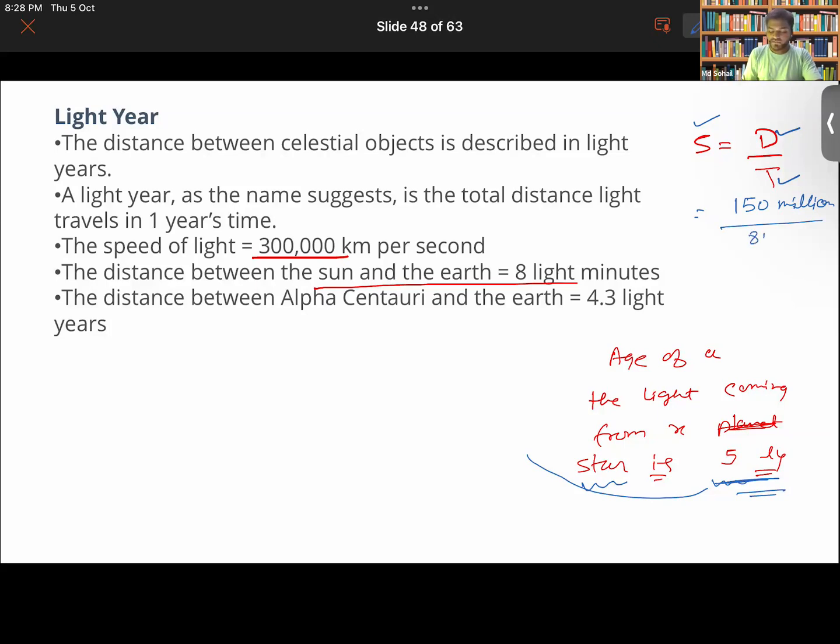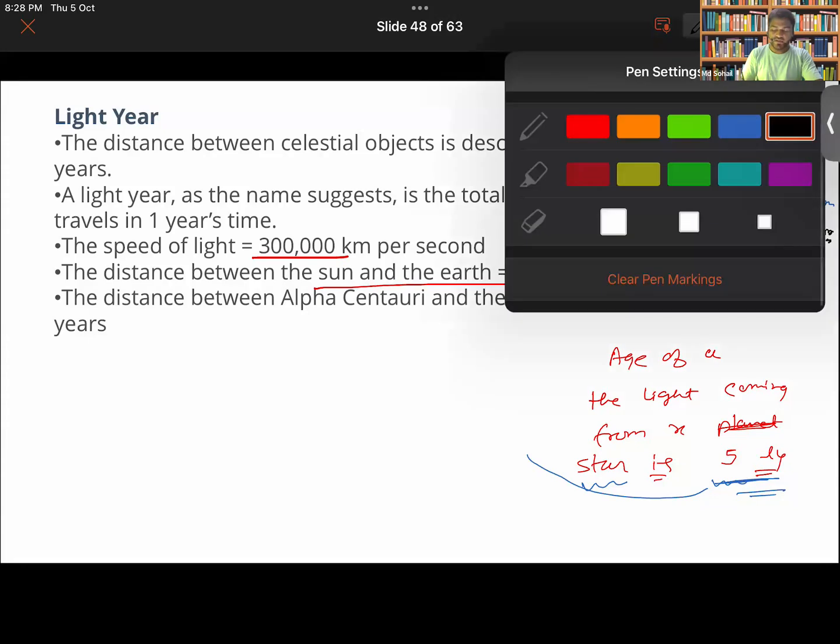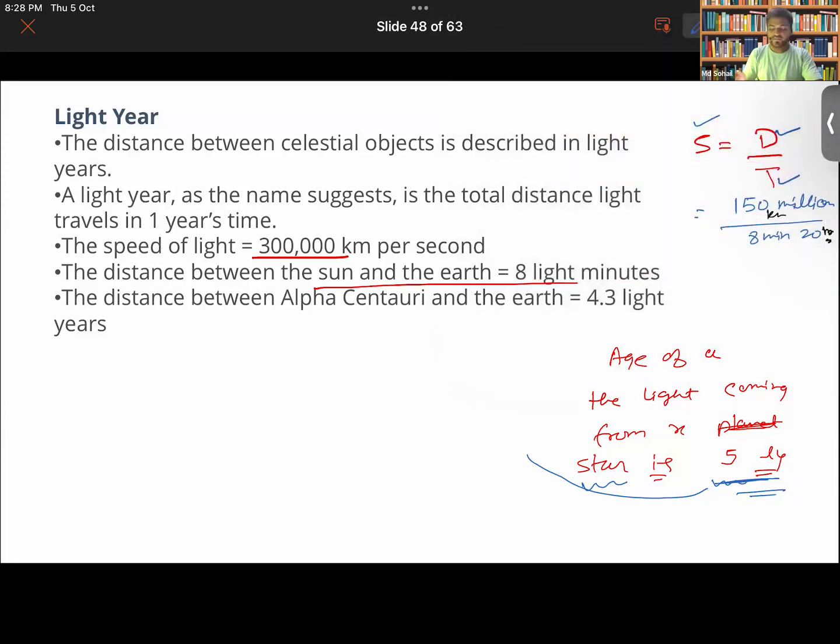At home after the class, try to do one thing. Convert this 150 million into kilometers, convert this into hours, and see if you get the speed of light also. Basically, don't do it in this manner, otherwise the answer won't come.